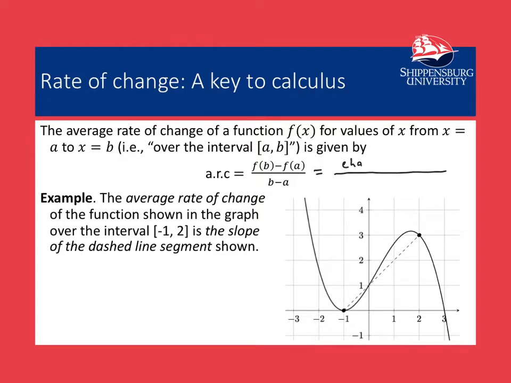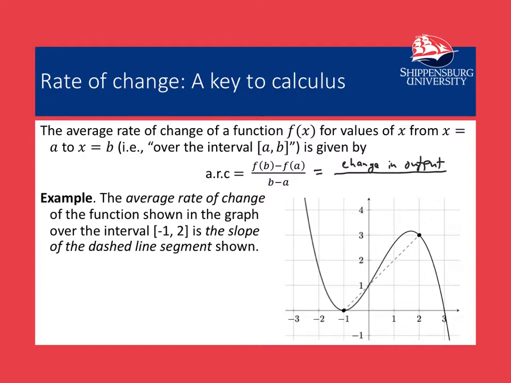So the numerator is measuring the change in the output of our function. In the example we did in class with the car driving on the turnpike, the function had inputs of time, what time it was, and the outputs were the position. So if you remember, in the ones we did in class, our numerator was the change in position, the change in the mile markers.